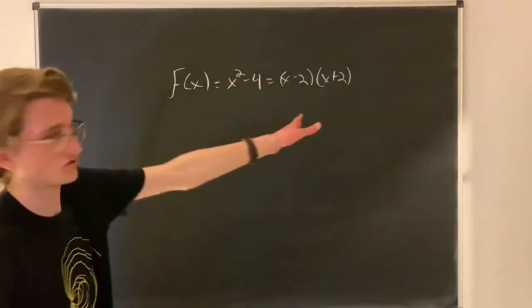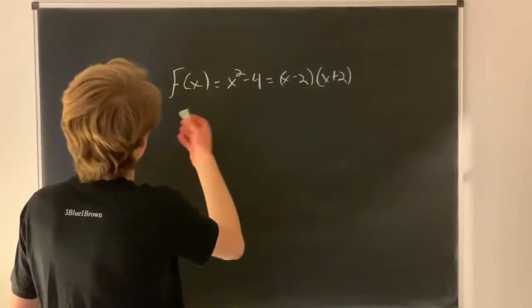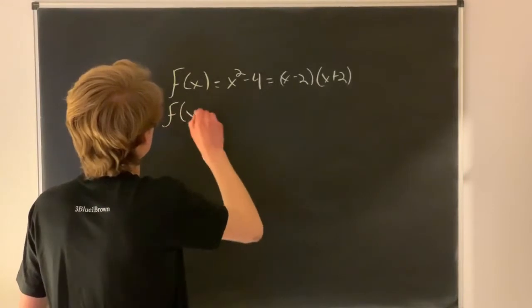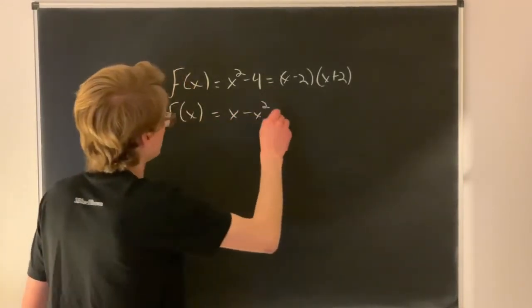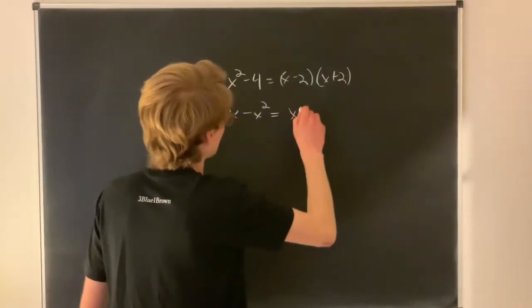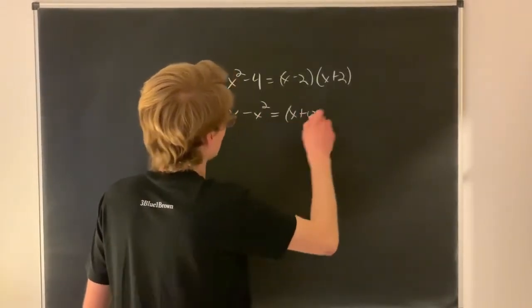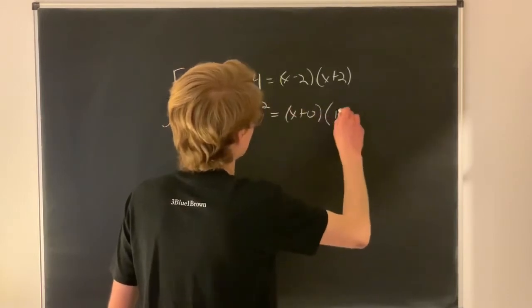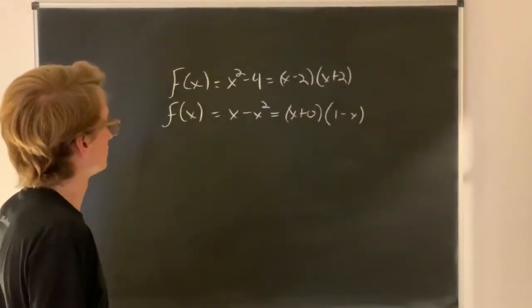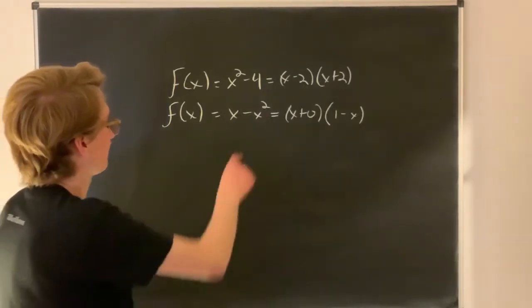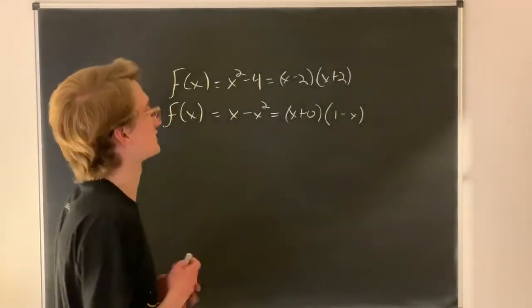We can agree that's just basic factorization. Then if we also had the function f of x equals x minus x squared, we could say x, which is really x plus 0, times 1 minus x. Again, that's just factoring out an x.